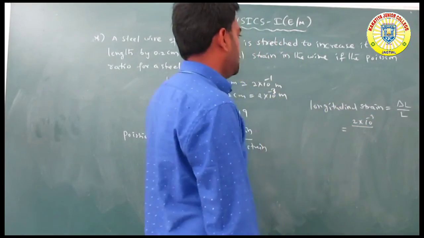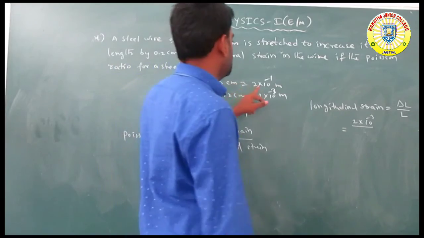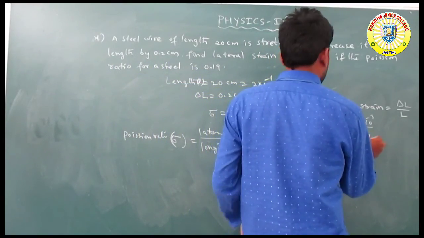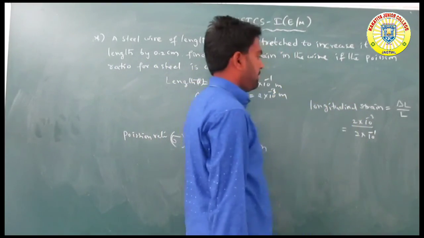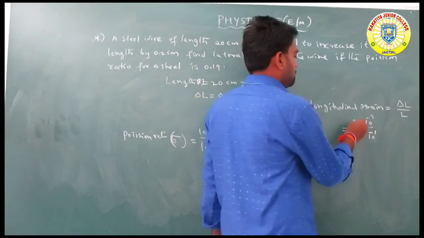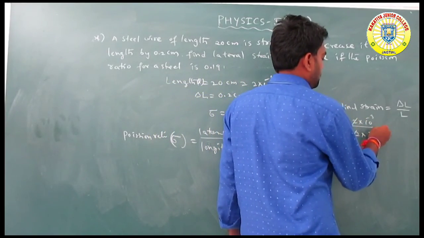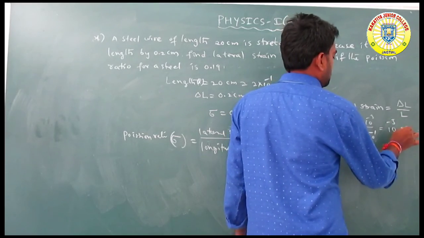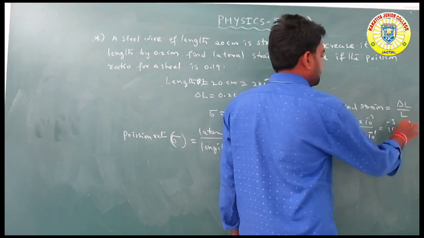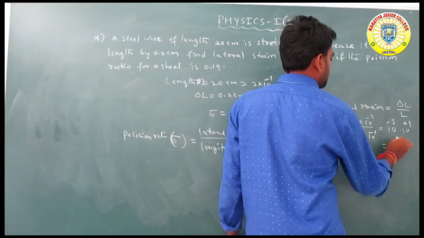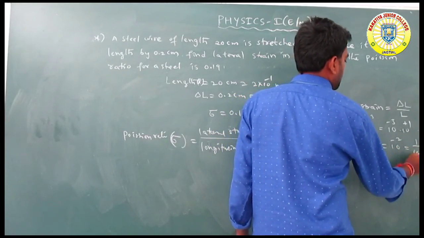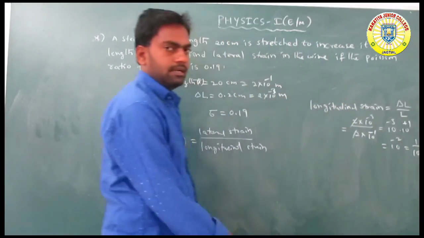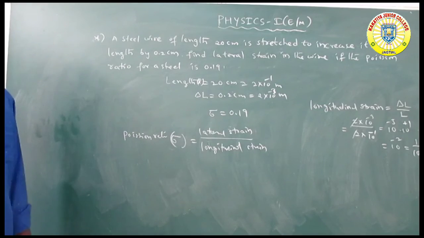Okay, so the original length is taken as 20 centimeters, that is 2 into 10 to the power of minus 1. Okay, got it. So the 2 are cancelled. So 10 to the power of minus 3, 10 to the power of plus 1, okay, so 10 to the power of minus 2. That is equal to 1 by 100. We found it. Okay, longitudinal strain is equal to 1 by 100.